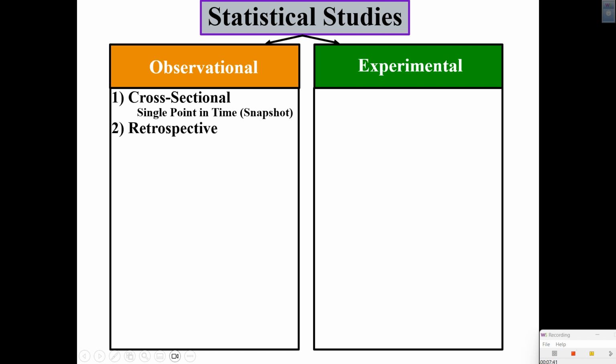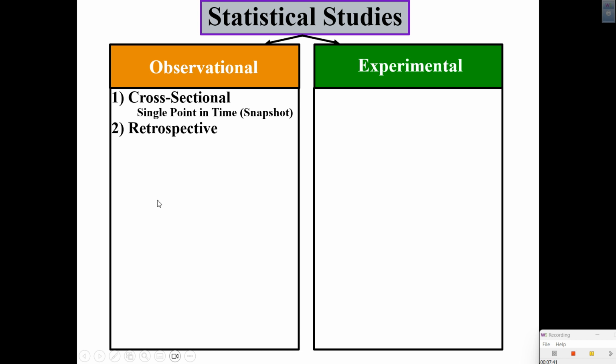For example, if I was to go back in time to 1993, NBA Finals with Michael Jordan, and I wanted to find out the average scoring for each of the players, I can go to the records. Is that correct? Past records, they're recorded, and that would be my observational study, but it's called retrospective. Pretty simple. Once again, cross-sectional, retrospective.